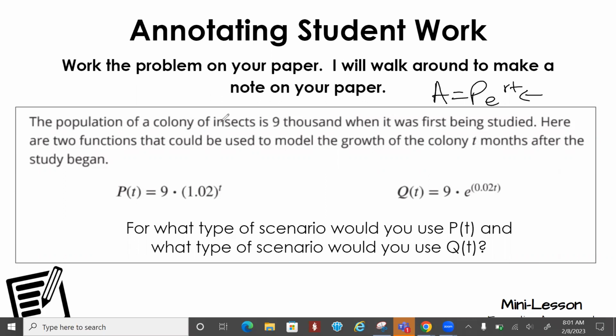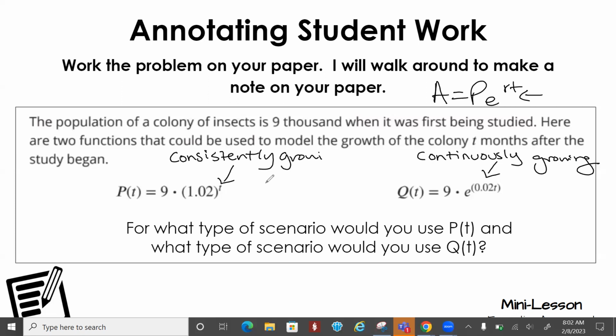So we're talking about this colony of insects. This one would be used if it was continuously growing. This one would be used if it's growing consistently. So like every year, it's getting bigger by 2%. Okay, you got to know the difference between the two equations.